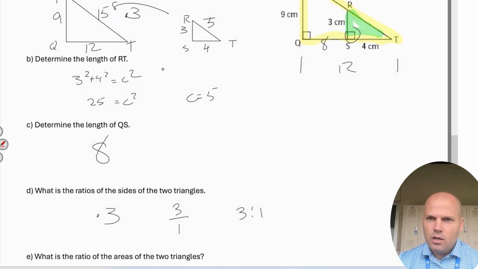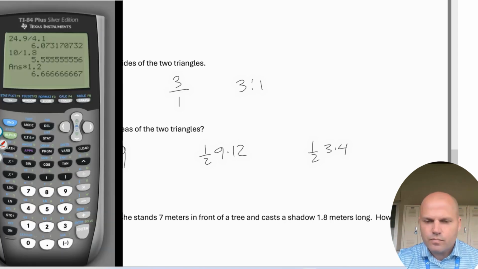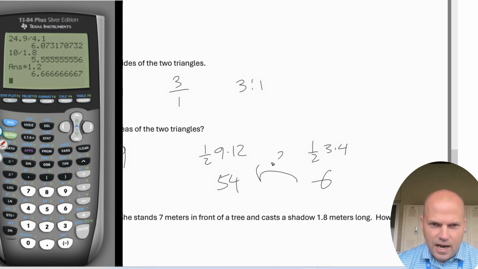Yes. You could do 1/2 base times height of the big one and of the small one, and compare those two numbers. This is 6 times 9, which is 54. This is 2 times 3, which is 6. 6 times 9 is 54. So there you go.